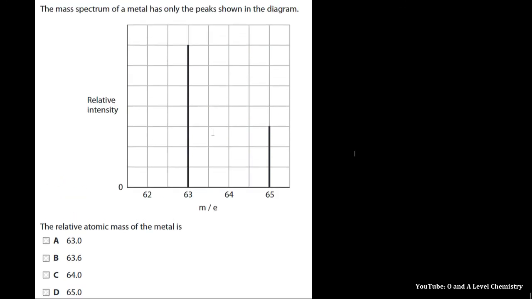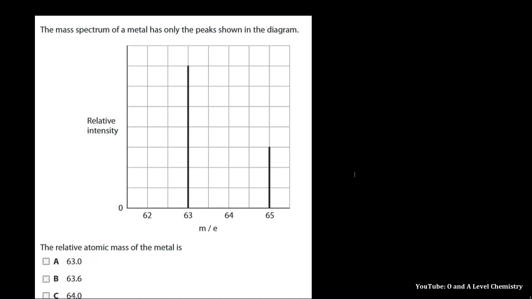The way we're going to calculate this is, the height of the 63 is 1, 2, 3, 4, 5, 6, 7. So the height here is 7 units up. We don't know what those units are, we don't care. And this one is 1, 2, 3, so this one is 3 units up compared to this guy.